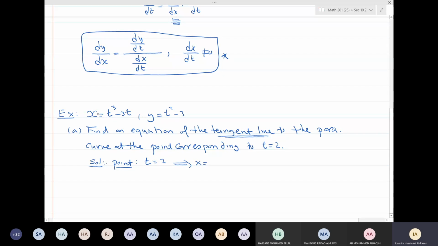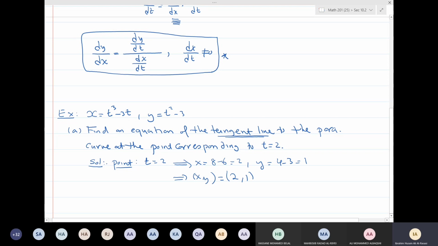When t equals 2, x is 8 minus 6, which is 2, and y is 4 minus 3, which is 1. So the point is (2, 1). Just substitute the value of t in the parametric equations to get x and y.